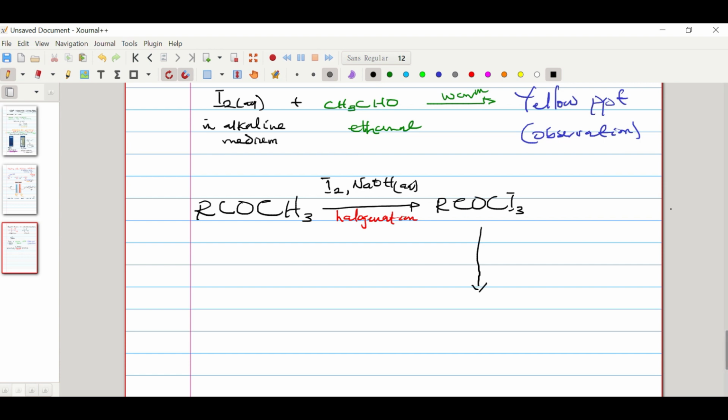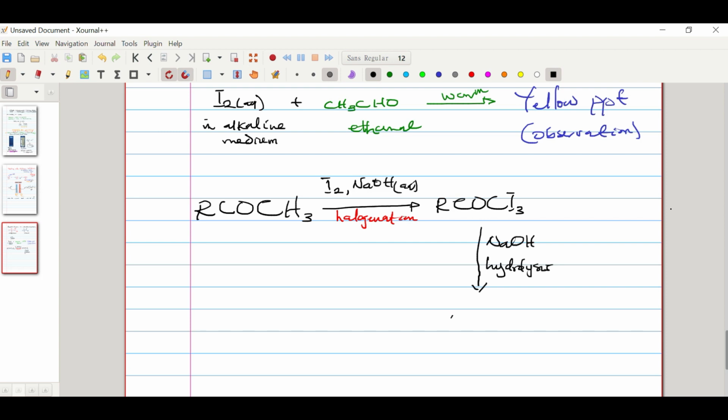The last stage, where we form the iodoform, is alkaline hydrolysis of the product with NaOH. So this product will undergo alkaline hydrolysis.